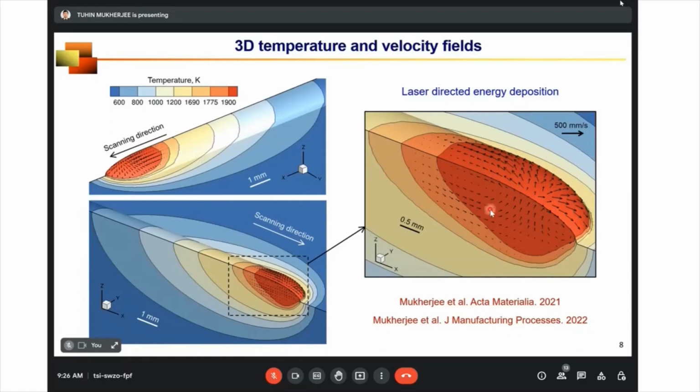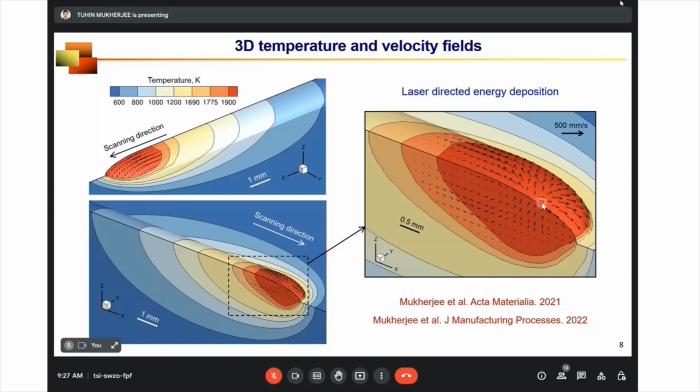Now we know from our high school physics book that surface tension is lowest where temperature is highest, and surface tension is highest where temperature is lowest. And fluid flows from low surface tension to high surface tension. So you can see that there's a flow from this location where surface tension is low towards where surface tension is high.